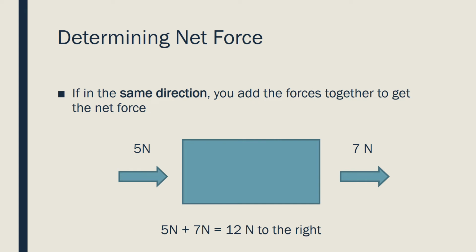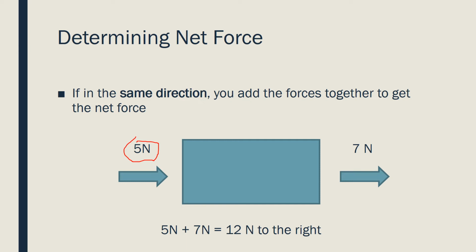So starting with the same direction, if you have an object, right here it's just represented with a rectangle. If you have an object that has a 5 Newton force that's pushing it to the right, we've got the 5 Newton force pushing to the right. So it's pushing on this box, let's say, to the right.